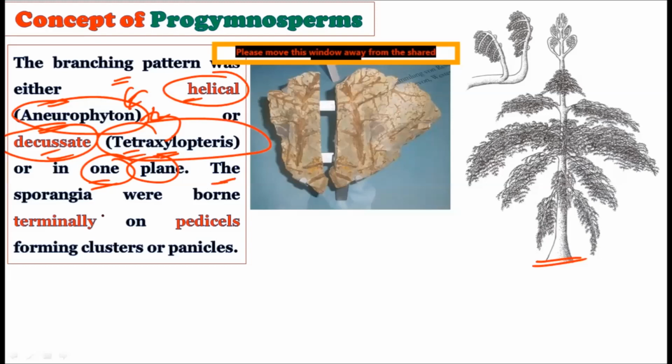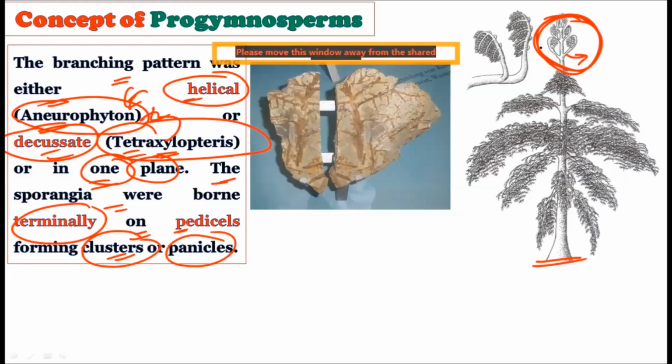The sporangia were borne terminally. Observe, terminal sporangia were present in these plants on pedicels, forming clusters or panicles. Just like there is a presence of pedicel and there is a formation of a cluster. So the branching pattern was helical to decussate type, and terminally they possess the sporangia.